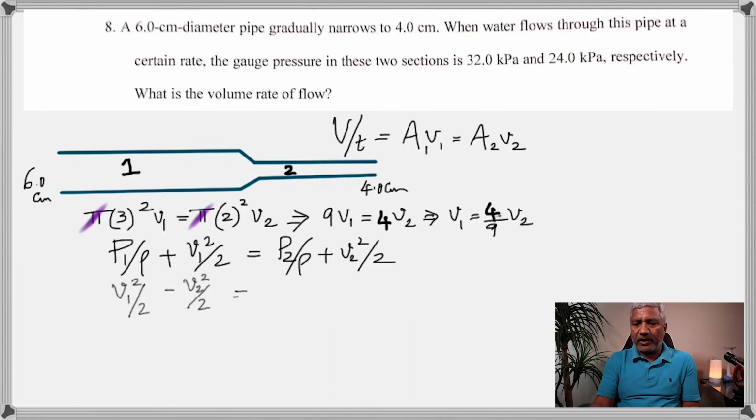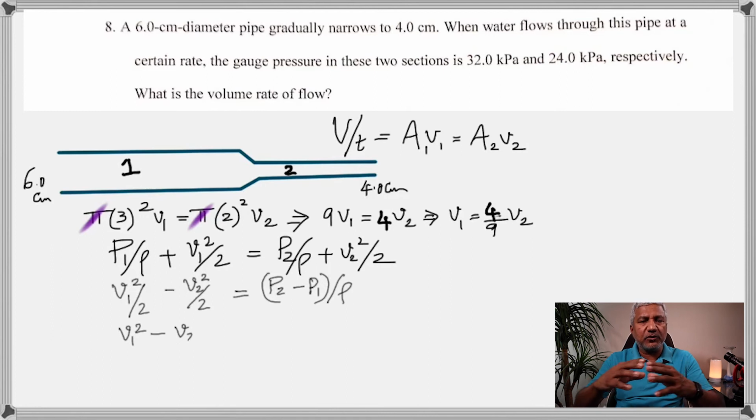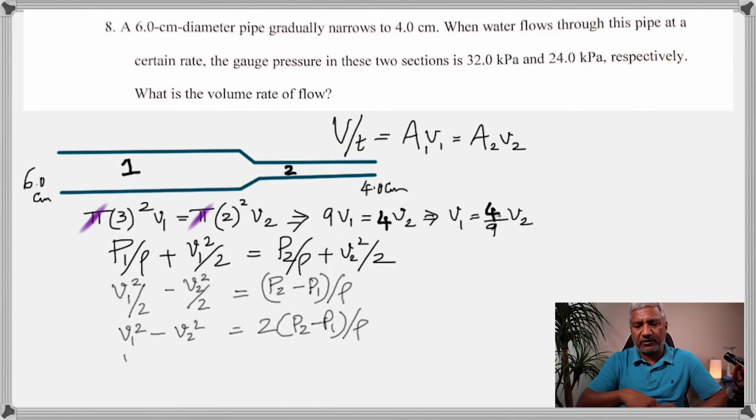And then from here, we are getting V1 and V2 onto one side because we want to substitute for V1. So V1 is 4 by 9 V2, so you got to square it. And I've just taken 2 common factor from the left side and so brought it to the right side, multiplying it with 2. That's what I've done there.